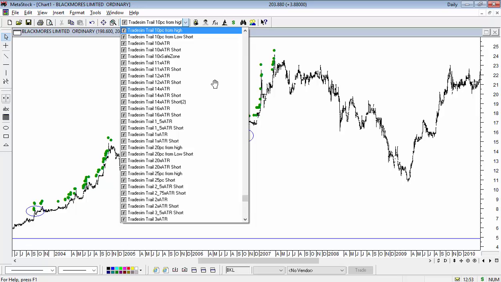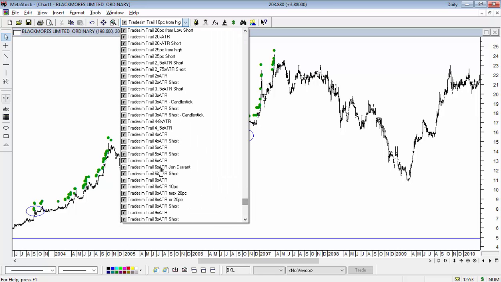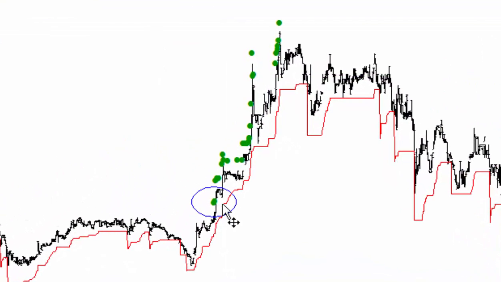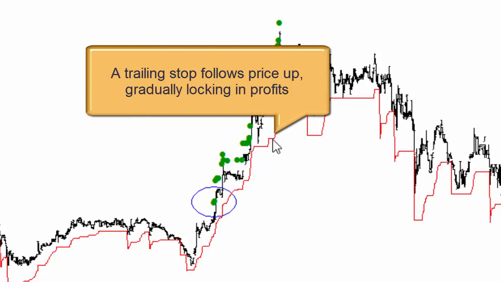Well, that's where we use what's called a trailing stop. So a trailing stop, I'm just going to put one on the chart here for you so you can see an example. A trailing stop is a price level that moves up underneath the current share price.